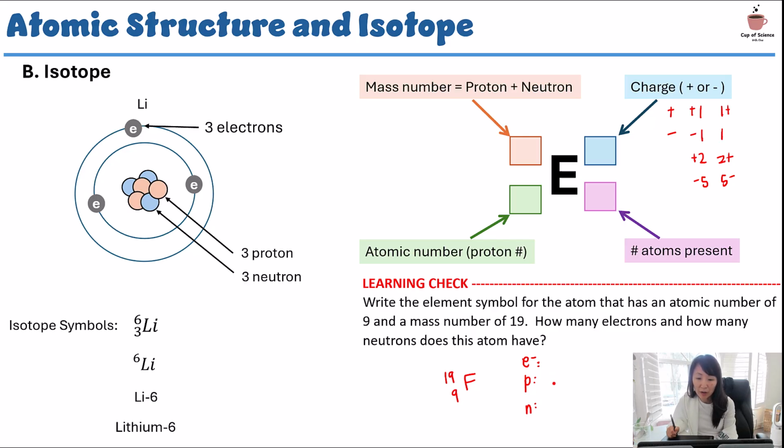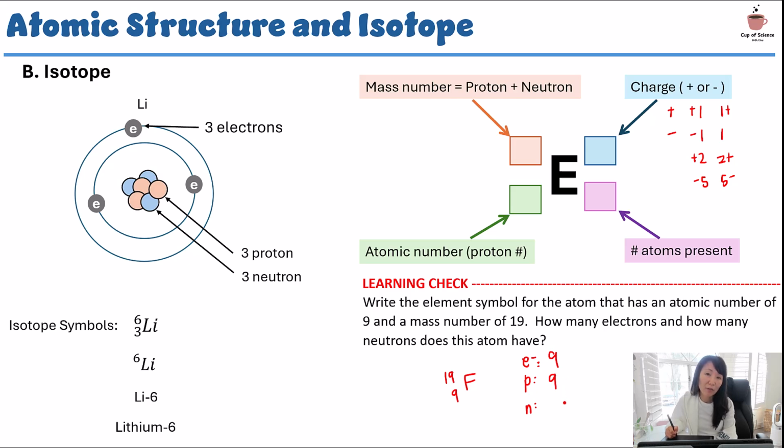It was on the periodic table, and that's the atomic number of 9. What about the electron? This is a neutral element, so it's going to have the same number as protons: 9 positive and 9 negative.